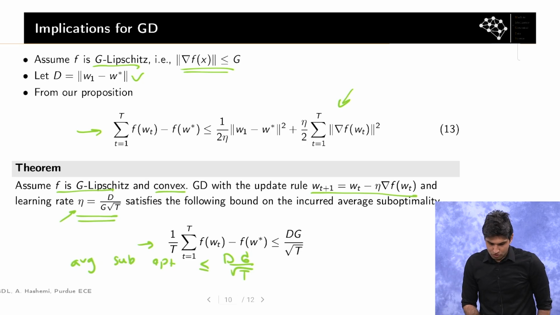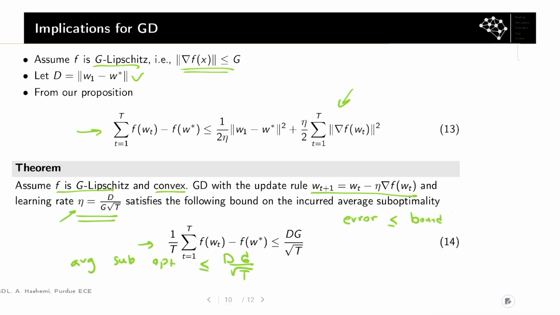All right. So you may ask how we can calculate this step size or why we are calculating this step size. Essentially, what will happen is that we're going to have, let's say, error less than or equal to some bound, and this bound is a function of eta. So what we have done, basically, we have minimized this bound as a function of eta and found the best step size, if you will.